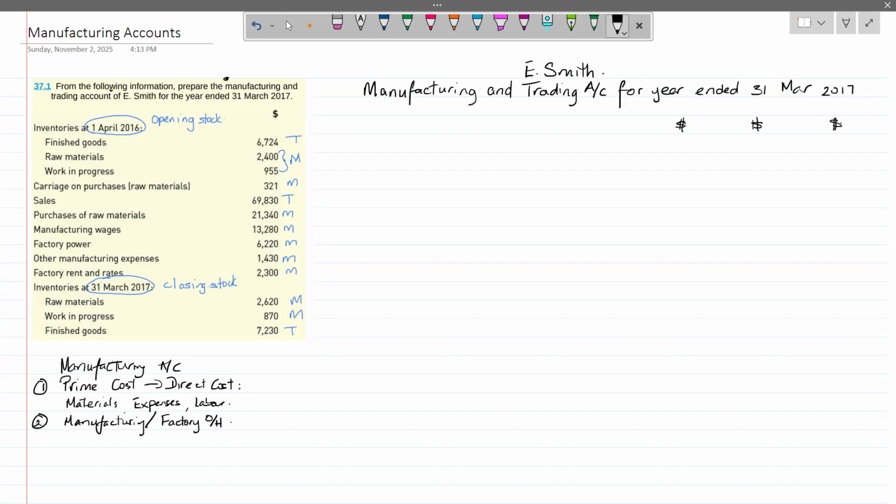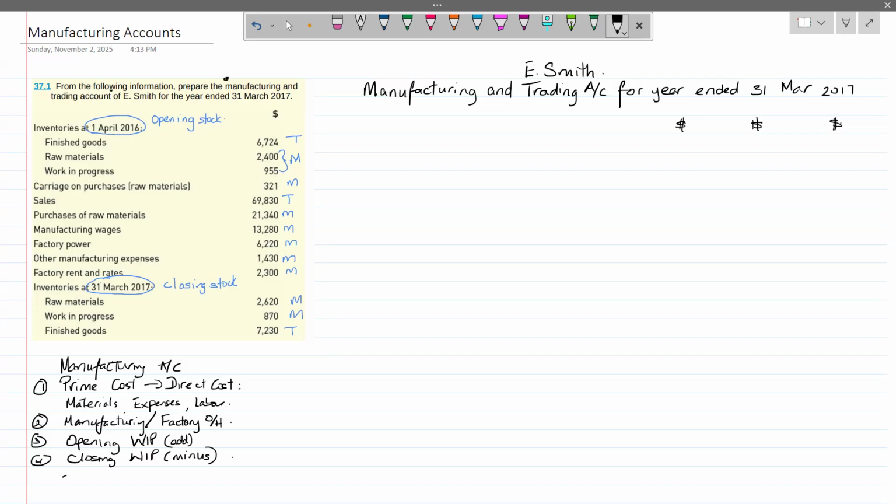After we do that, we will add opening work in progress. We abbreviate that as WIP, work in progress. I just put in an add here. And then we would subtract our closing WIP.